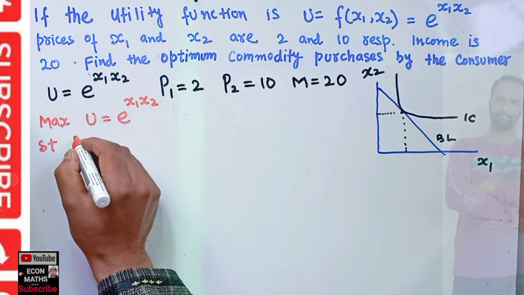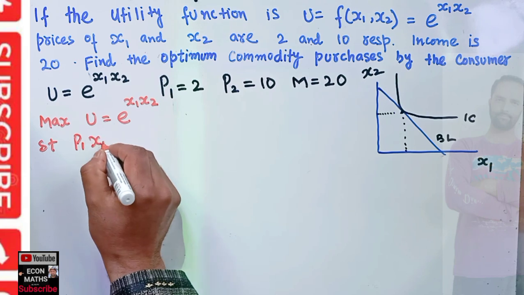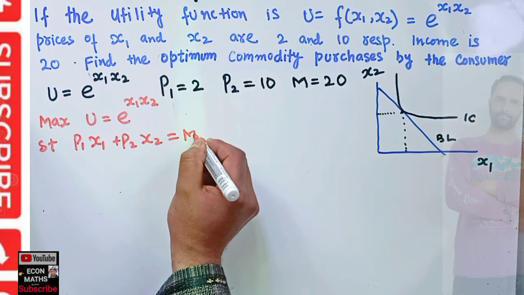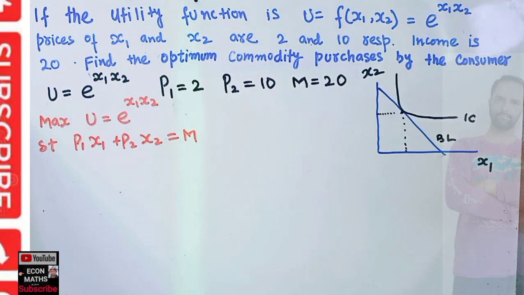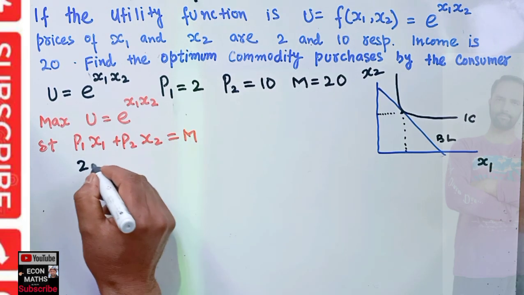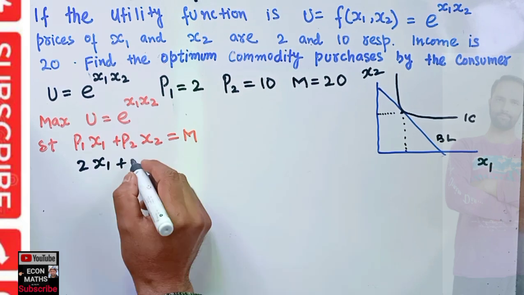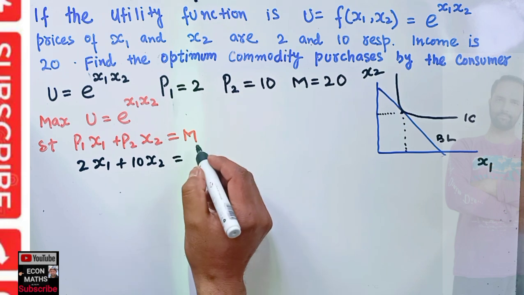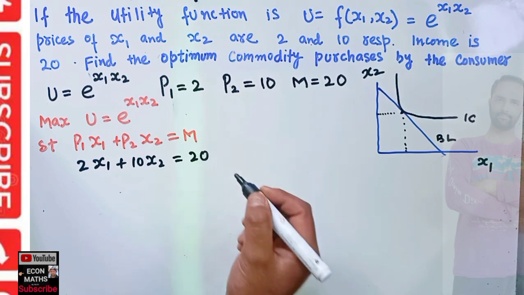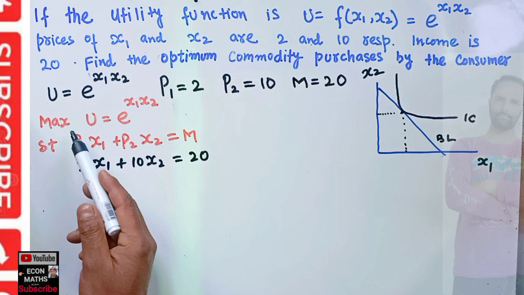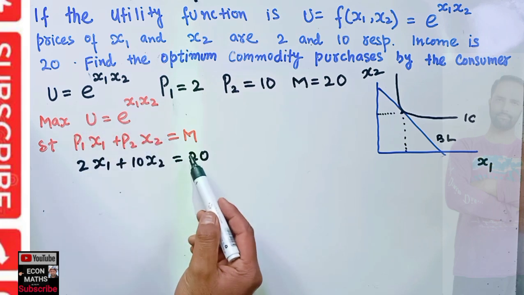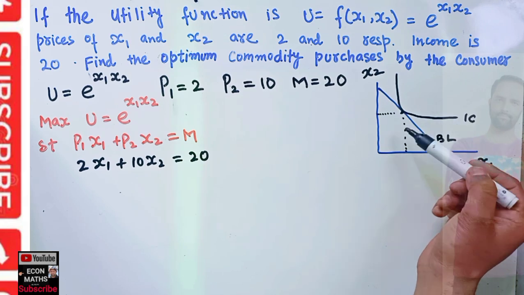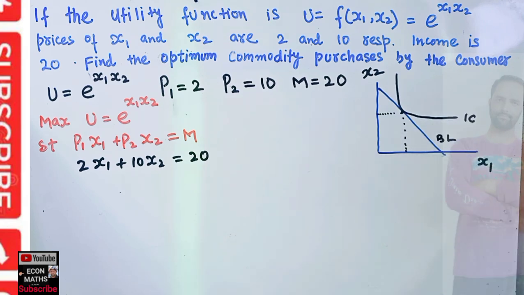Simple: p1 times x1 plus p2 times x2 should be equal to the total income of the consumer. p1 is 2, so we have 2x1 plus 10x2 should be equal to 20. We want to maximize this utility subject to this budget constraint, that means we want to reach the highest possible indifference curve.